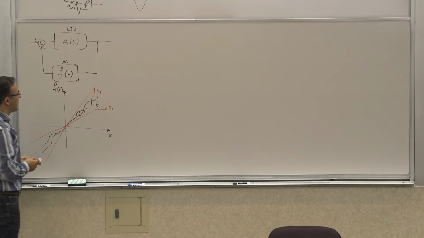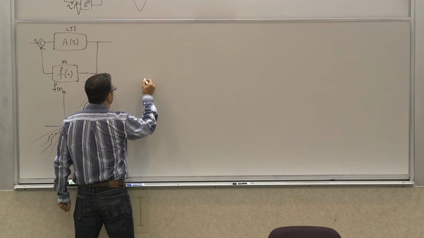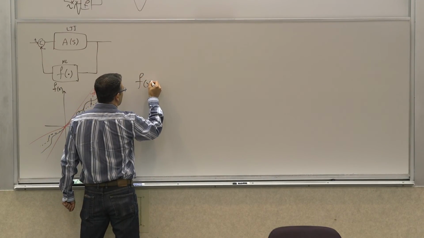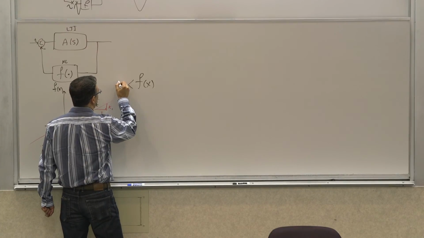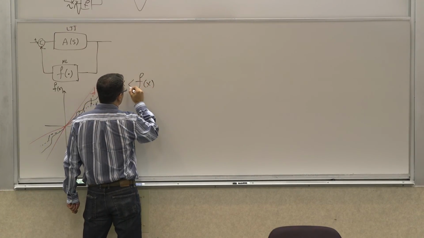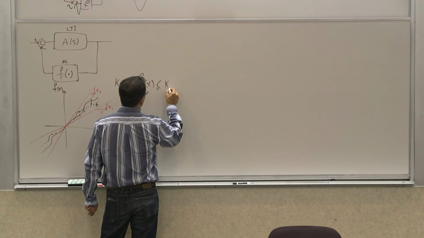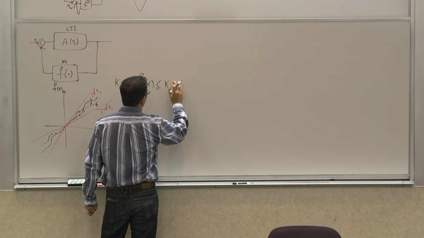So essentially, this is confined between those two. Mathematically, we can write that f of x is greater than or equal to k1x and smaller than or equal to k2x.